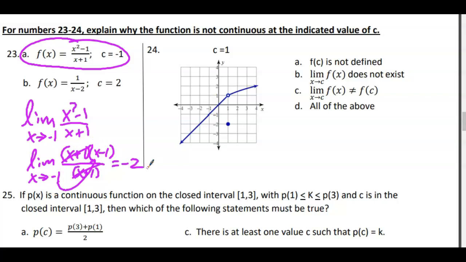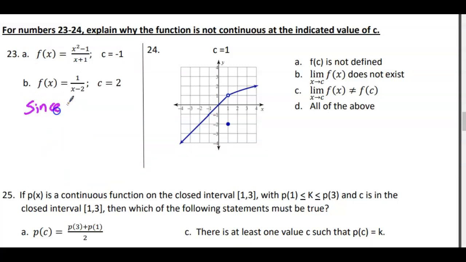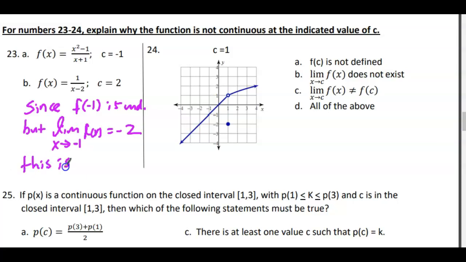So I want you guys to understand that on number 1, it is not continuous because the function doesn't exist. But what I want you guys to understand is that since f of negative 1 is undefined, but the limit as x approaches negative 1 for that function does exist, it equals negative 2, this is a removable discontinuity.